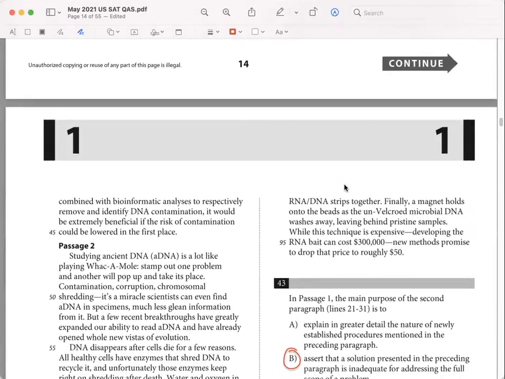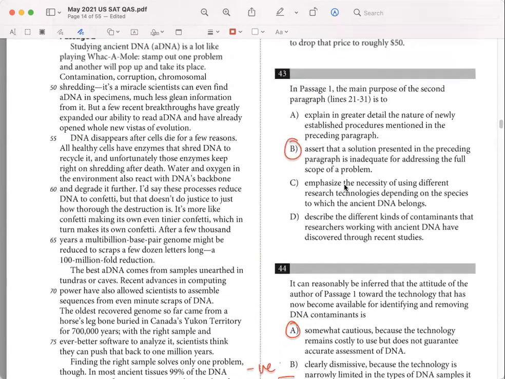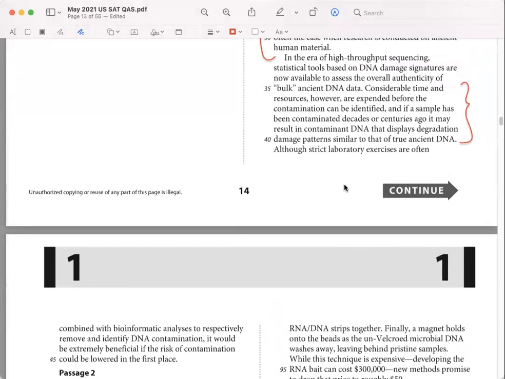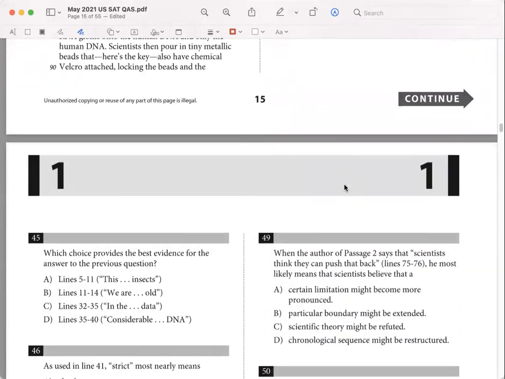It would be beneficial if the risk of contamination. So he's cautious. He says that yes, these technologies are available, but they are costly and they do not guarantee the accurate assessment of DNA. Right. So A is a good answer.